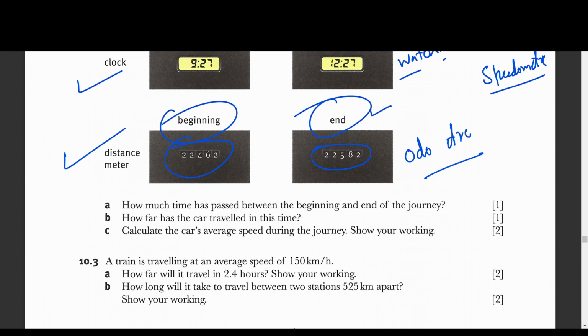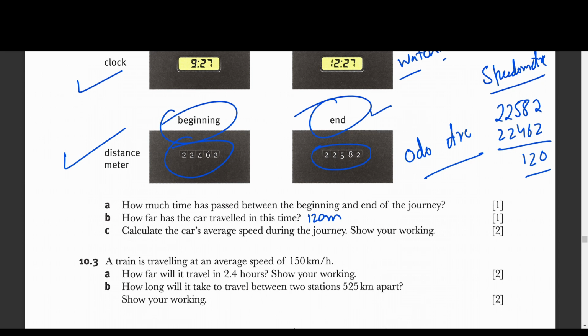So the final reading of the meter is 22582 and the initial reading was 22462. If you simply subtract them, that will give you 120. So the car has traveled 120 meter in this time. Okay, so not much.